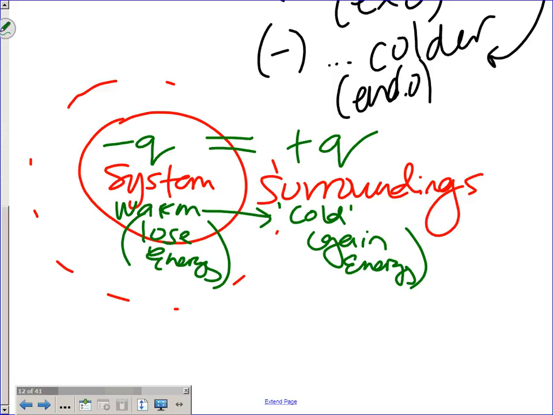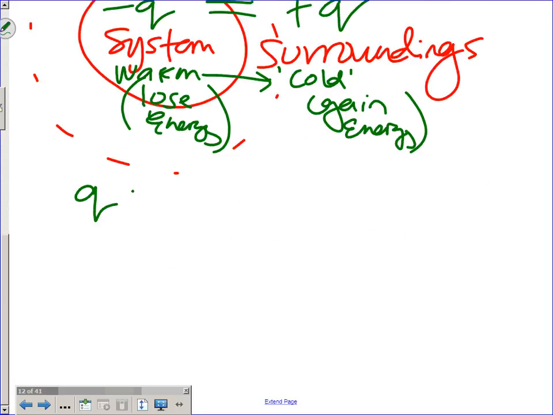So the idea is just that energy is conserved, one is losing, one is gaining. But I can't really do much with Q. I don't have a value for Q, but I can always collect information about the mass of a system and surroundings, the temperature start, the temperature final, and I can look in a value sheet for the specific heat capacity. So the question you were stuck on was Q equals Q. One is positive and one is negative. It could be system versus surroundings or vice versa, depending on which way the energy is flowing.